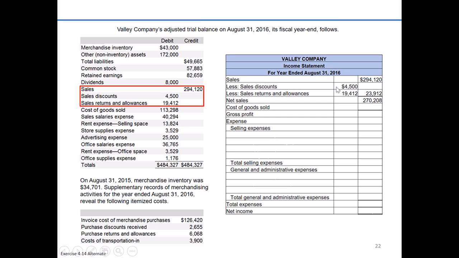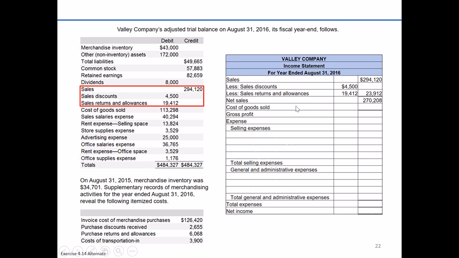The combination of the sales discounts and sales returns and allowances is $23,912. If we subtract that from our gross sales of $294,120, we arrive at net sales of $270,208. So again, start out the exact same way that we would with a single step.